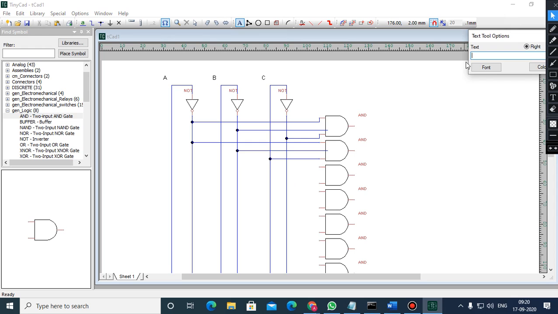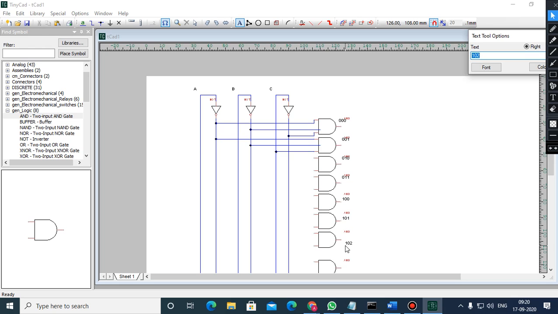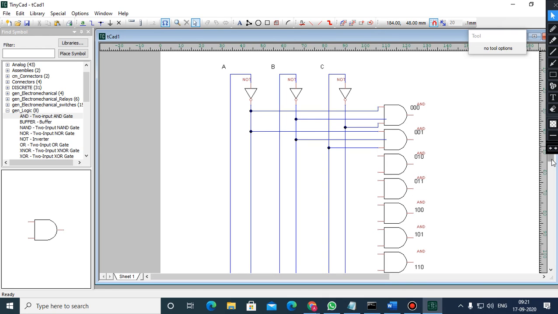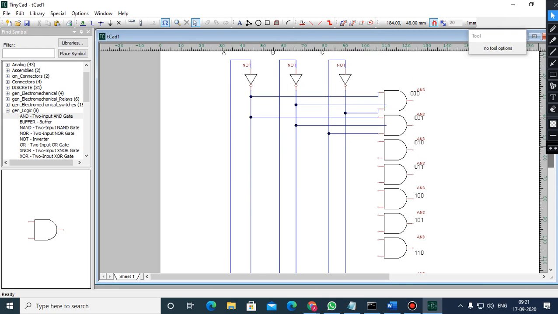For our convenience, we can write here 000, 001, 010, 011, 100, 101, 110, and finally 111. So these are the values which are being represented by these gates.